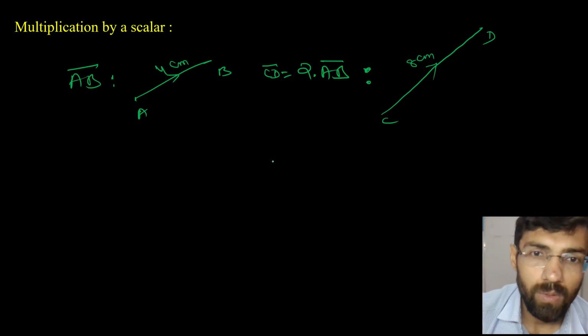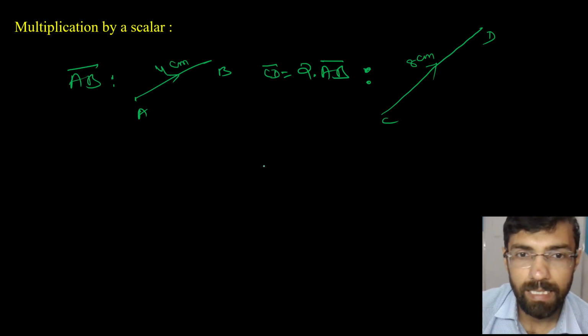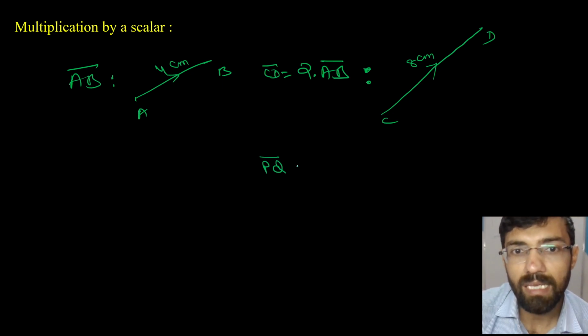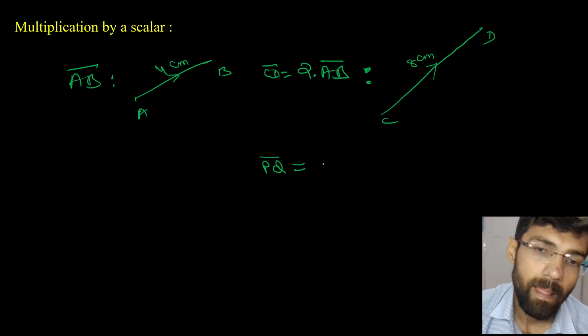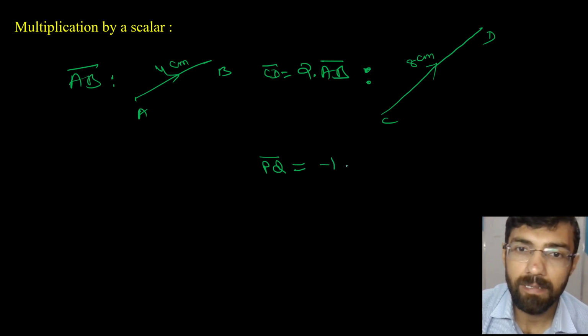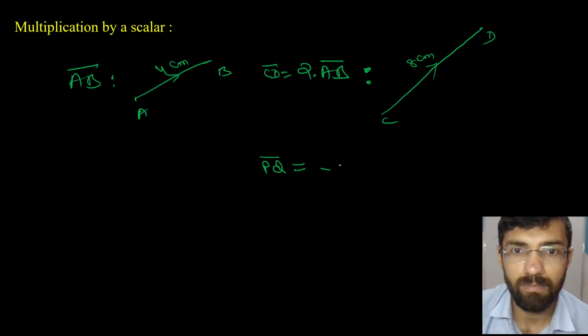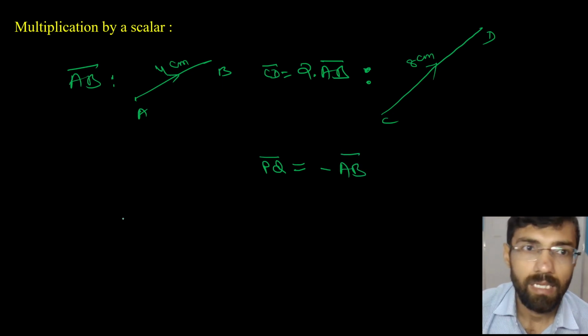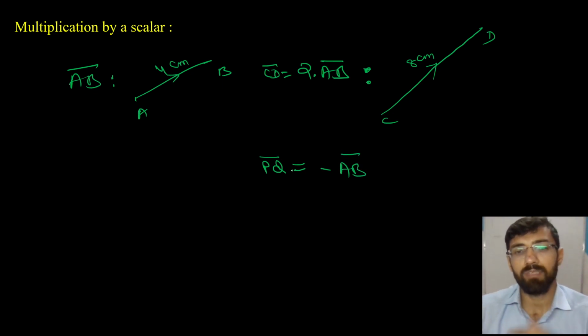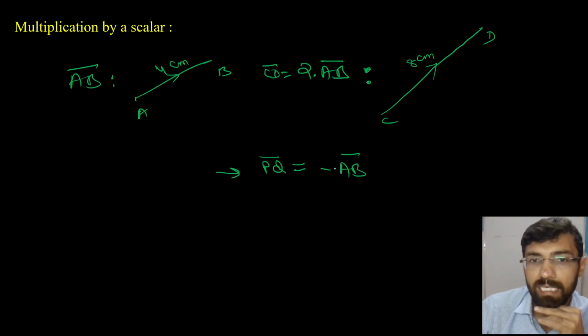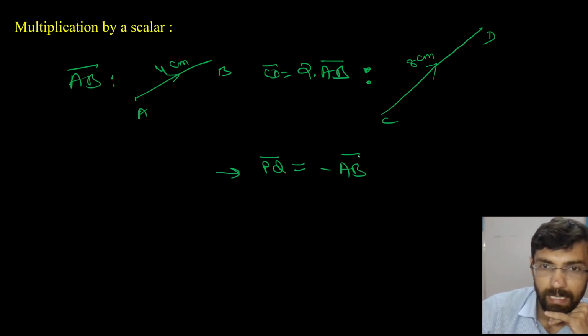What about, let us say, one more vector, PQ vector? PQ vector is nothing but minus 1 times AB vector. We have AB vector here and I am giving you the relation: PQ vector is minus of AB vector.